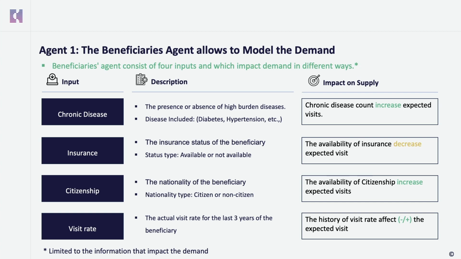We input the historical data for beneficiaries, the last 3 years of their visits to primary health care, as part of the input of the model. There are other inputs such as the geospatial location of the beneficiaries. All of these inputs are fed into the optimization model as well as the simulation model.